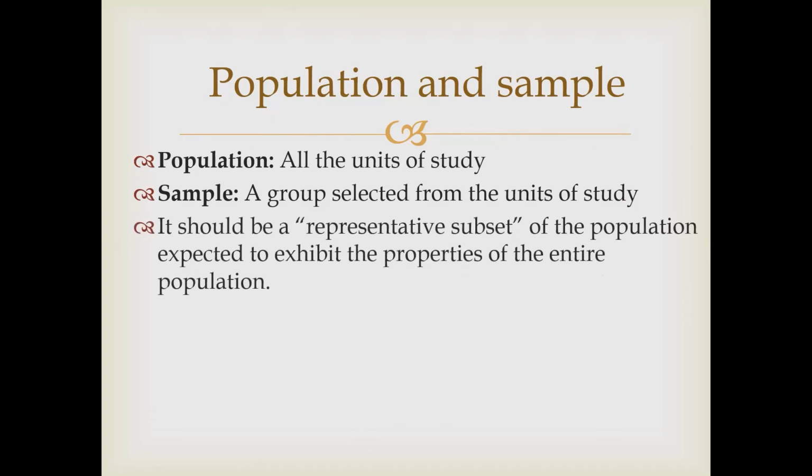The sample that we are going to select for our study should be a representative subset of the population. It should be representative of the population, expected to exhibit the properties of the entire population.